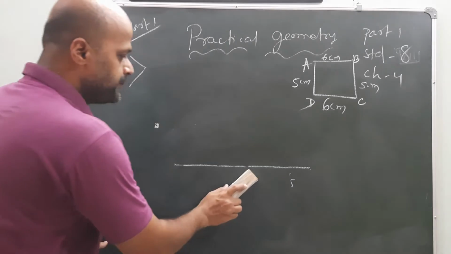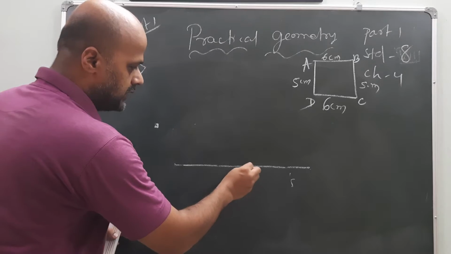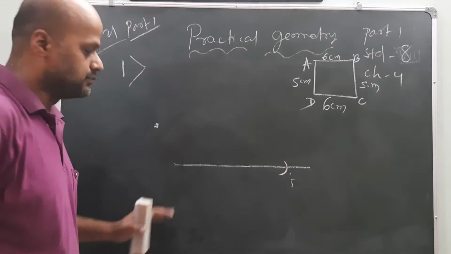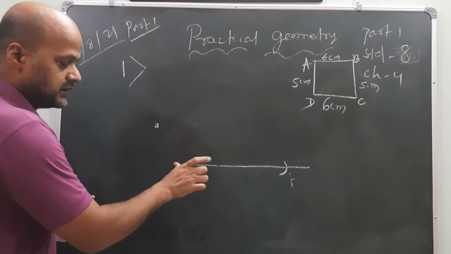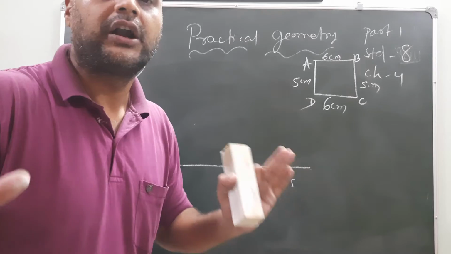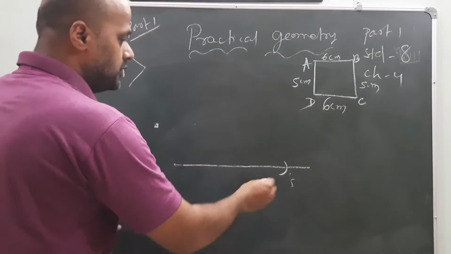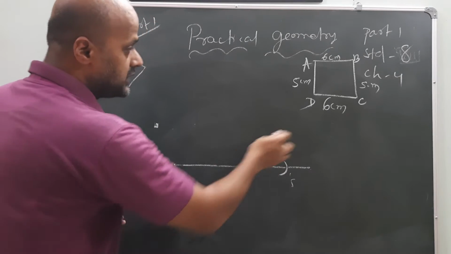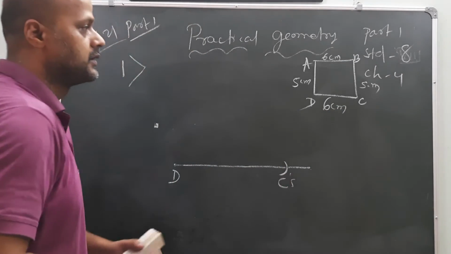This is the arc I have drawn. Put the compass needle and draw the arc to cut the line at the required measurement, that is 6 centimeter. Since the down one you have taken, name it DC.